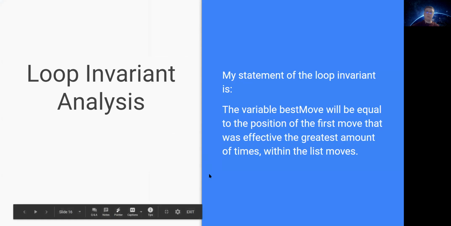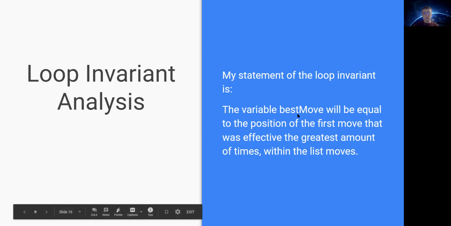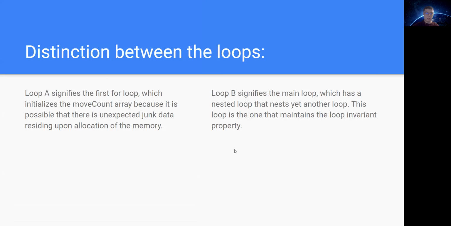And then for the loop invariant, I'll state this to be true. The variable best move will be equal to the position of the first move that was effective the greatest amount of times within the list of moves. And then I wanted to make a distinction between the loops because there are two separate loops that run one after another. Loop A will signify the first for loop, and the goal of this is just to initialize move count, because in some programming languages, if you just try to create an array and allocate space, it doesn't initialize the values.